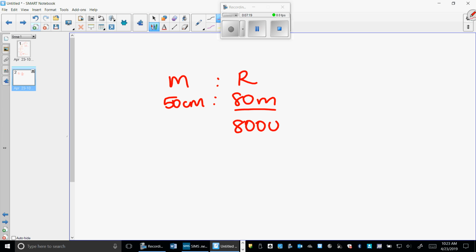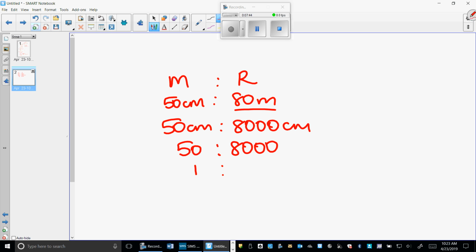So we've got 8,000 centimeters and 50 centimeters. Because they are both in centimeters, I can now drop the centimeters. So it's now 50 to 8,000. But they want it in the form of 1 to something. So what am I going to do here? Good, because I say, how did I go from being a 50 to being a 1?